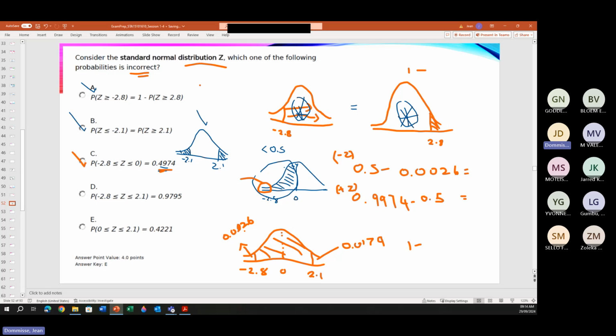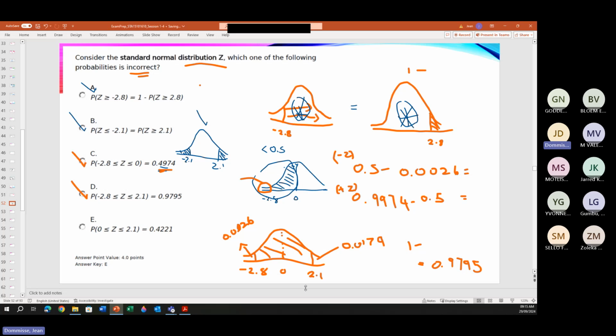So 1 minus 0.0026 minus 0.0179 will give me 0.9795, which is that answer.